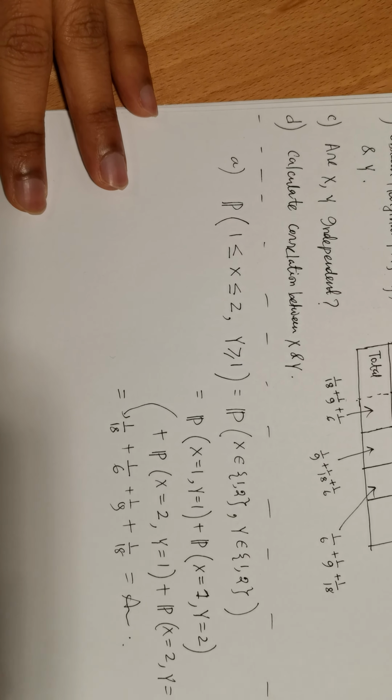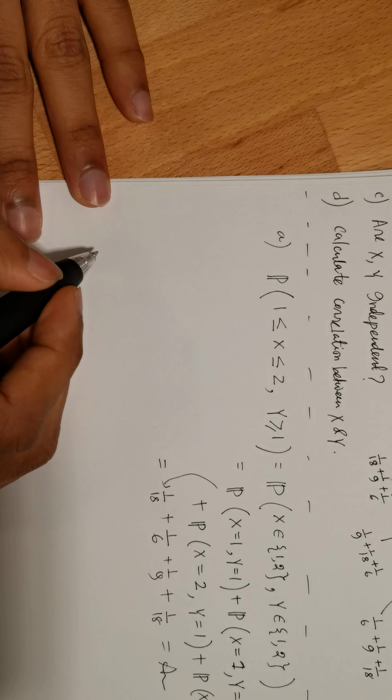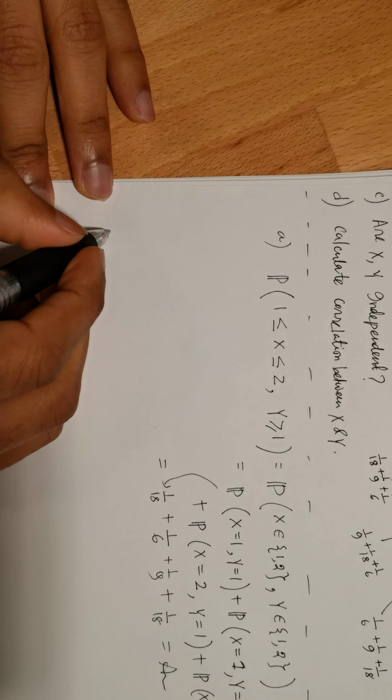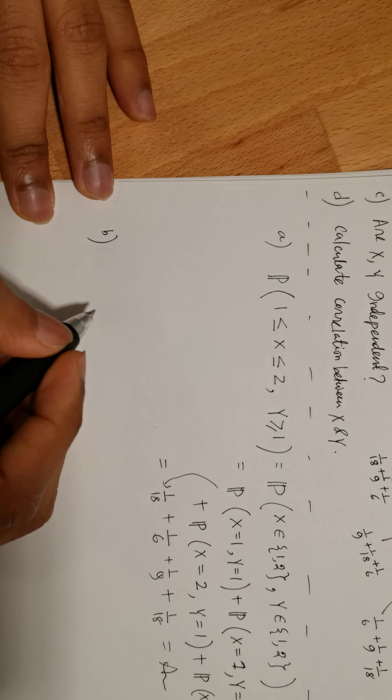Okay, now B is to obtain the marginal probability mass function of x and y.